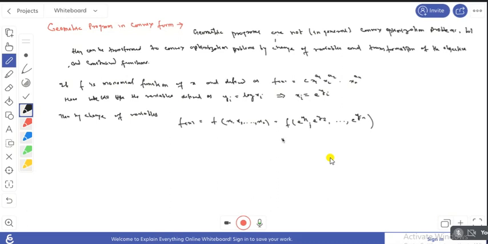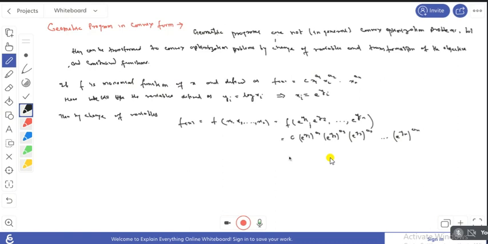So this equals c times (e to the power y1) to the power a1, which means e to the power y1 to the power a1, times e to the power y2 to the power a2, e to the power y3 to the power a3, and here e to the power yn to the power an.